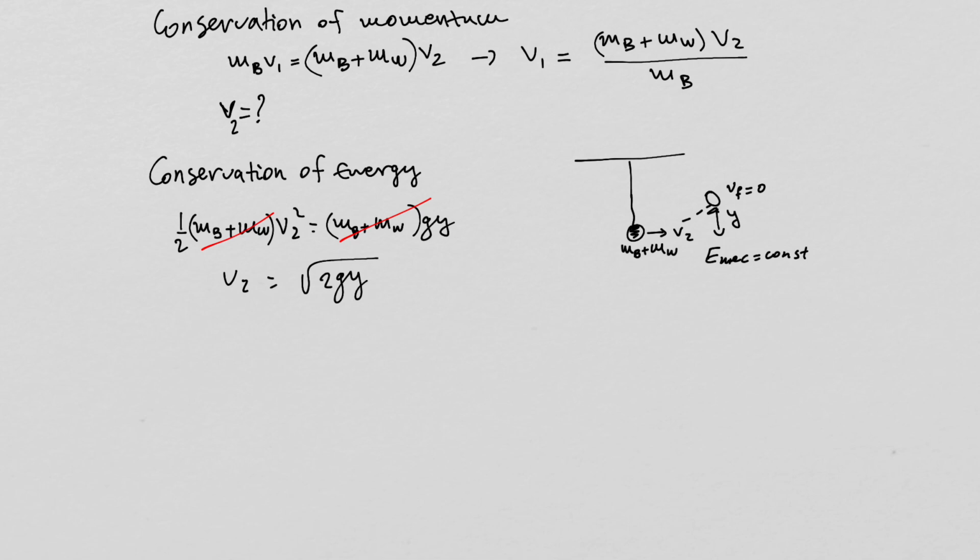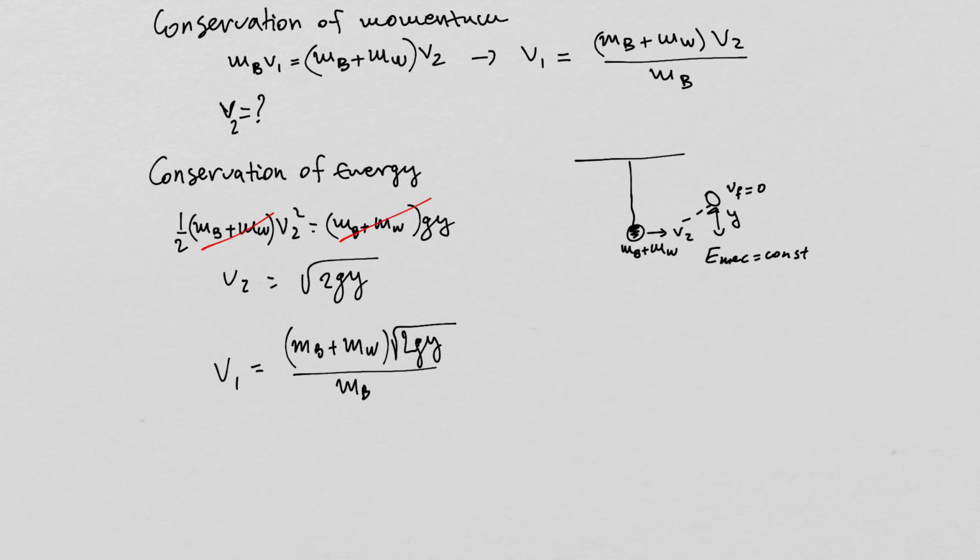So now I can substitute this into the expression for v1. And v1 is equal to mb plus mw times square root of 2 times gy divided by mb.